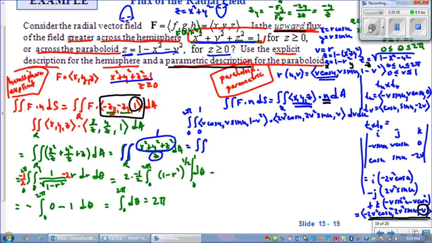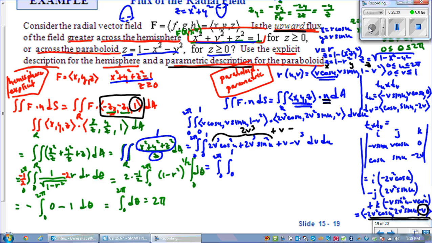Find the dot product. We'll have 2v cubed cosine squared of u plus 2v cubed sine squared of u plus v minus v cubed. These two, when you take out the 2v cubed, becomes sine squared plus cosine squared, which is 1. So this is 2v cubed, and then we still have plus v minus v cubed.